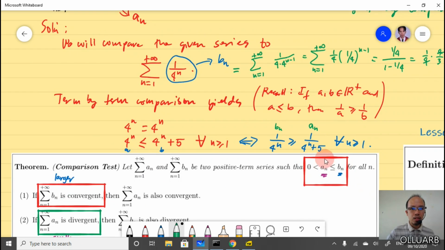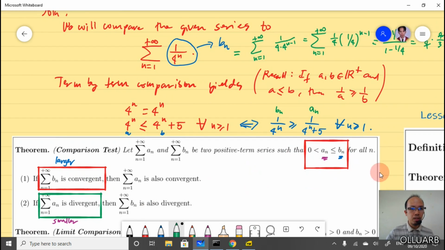If the bigger series is convergent, then the smaller is convergent. However, if you use theorem 2, if the smaller series is divergent, then the larger series is divergent.